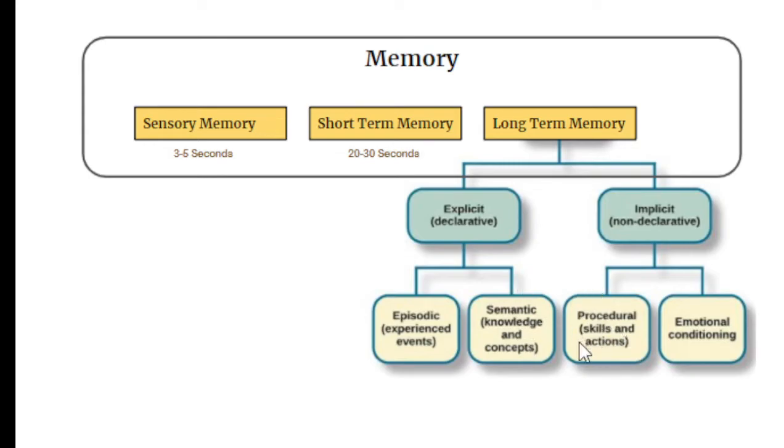Unconscious memory is basically skills and actions. Suppose we are learning to play a musical instrument. Initially we might have a very tough time trying to fit the fingers properly and play the instrument smoothly. But as we keep doing that over and over again, our muscle memory builds up, and there comes a point when we no longer need to focus on how our fingers are moving.